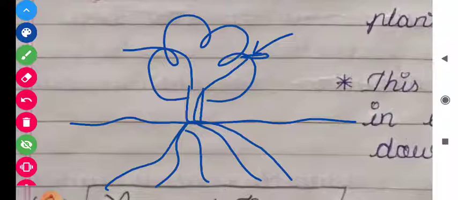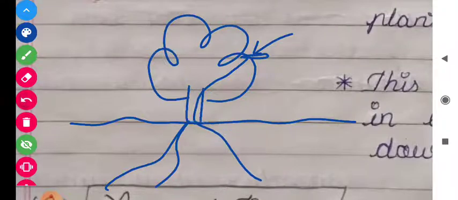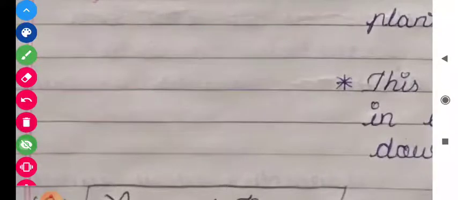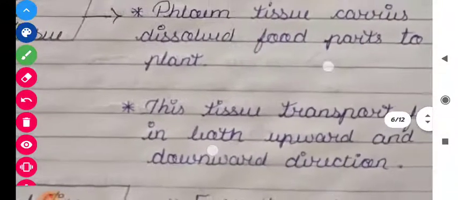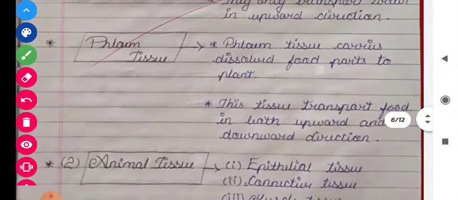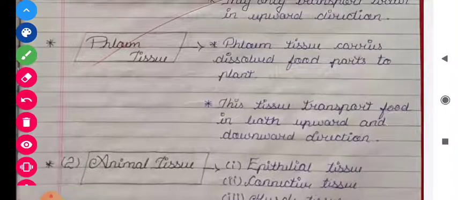So there is a requirement to supply the prepared food in both directions, upward as well as downward. So this phloem tissue will help the plant to transport the food in both directions, upward and downward.